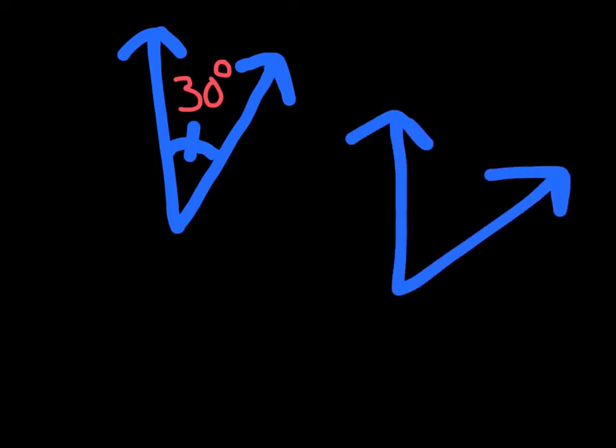Let's say that is 60 degrees. That's also acute because that is greater than 0 but less than 90. So anything that's greater than 0 and less than 90 is an acute angle. Our next slide is going to compose the fourth type of angle that we have.